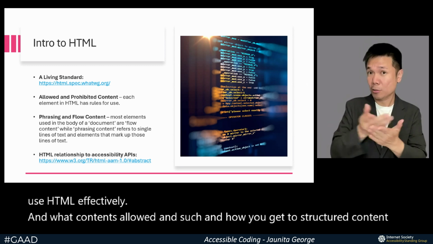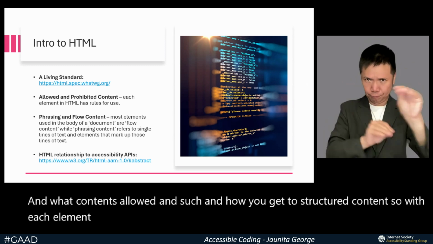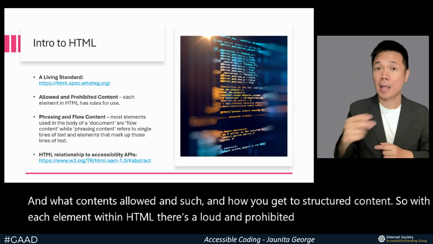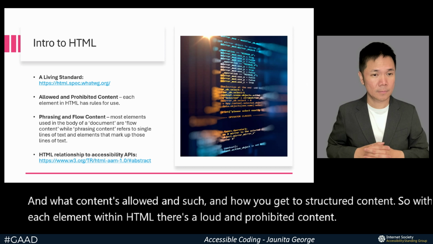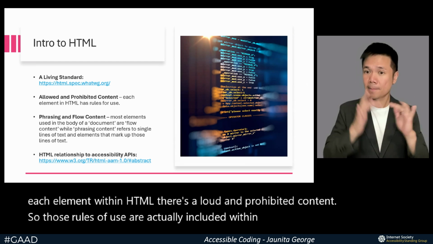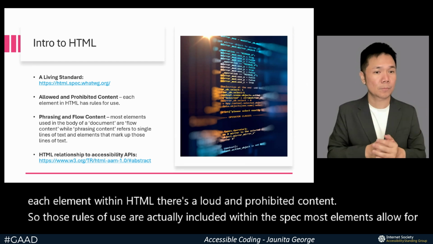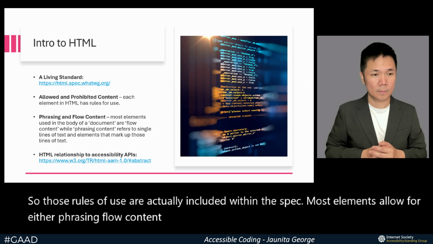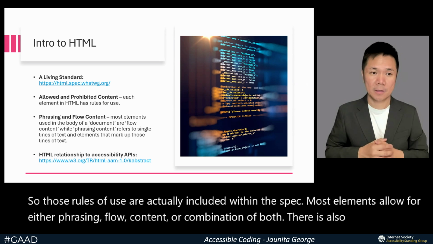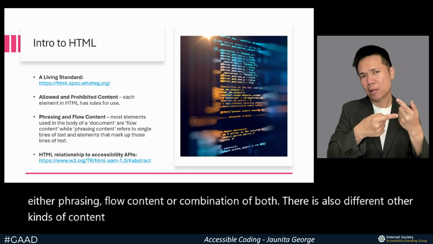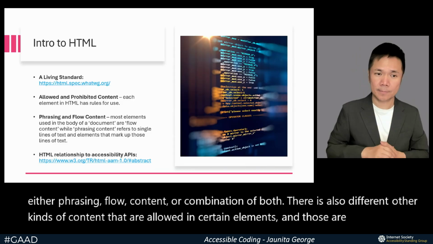So with each element within HTML, there's allowed and prohibited content. Most elements allow for either phrasing content, flow content, or a combination of both. There are also other kinds of content that are allowed in certain elements, and those are also noted in the spec.